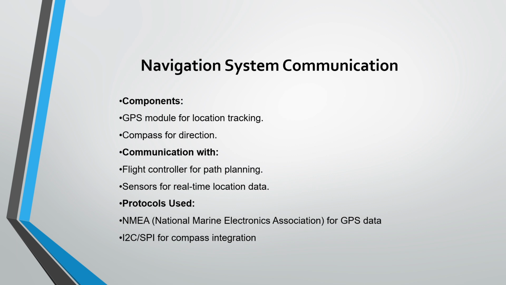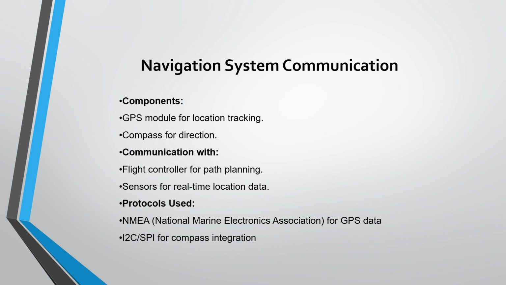It generates live locations sent by the sensors to the controller, and the drone's position is navigated by the flight controller, and the controller sends the data to the remote on the ground.